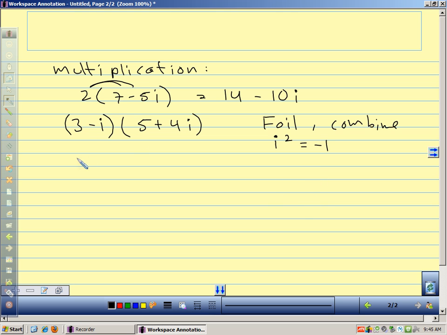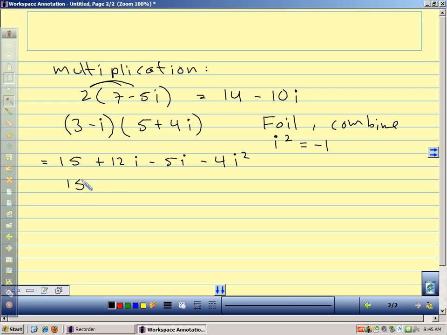So my first, I get 3 times 5 is 15. My outside, I get 12i. My inside, I get minus 5i. And my last, I get minus 4i squared. So I'm going to combine these.